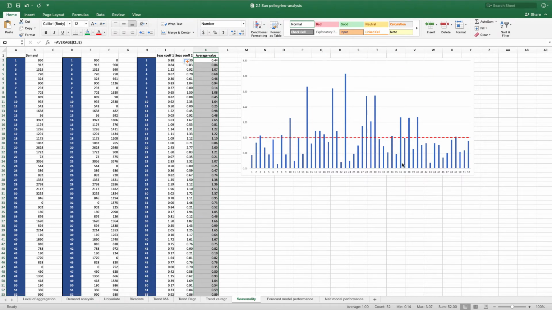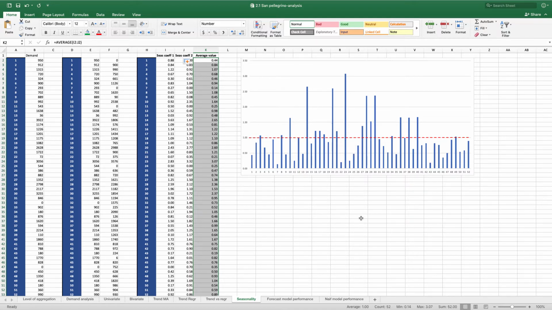Now, the question could be, again, also in this case, the discussion can be subject to the sensitivity of the analyst. But of course, this shows that there is not a clear seasonality or clear path.